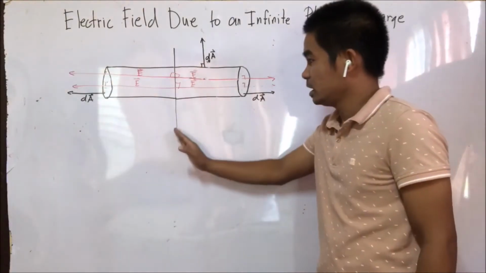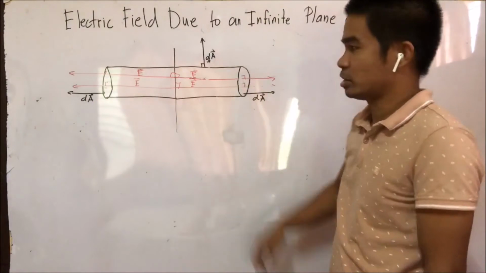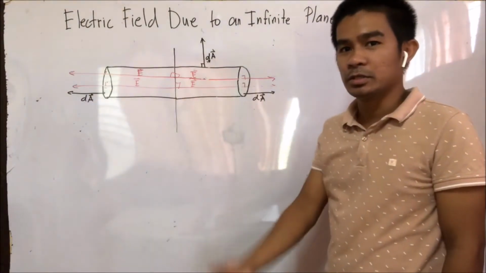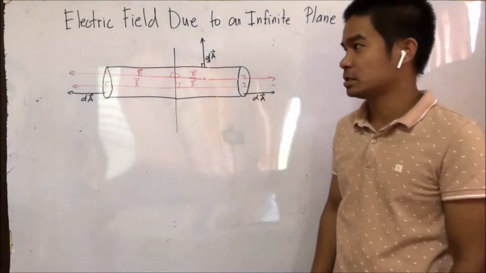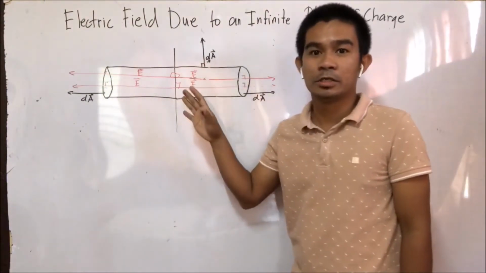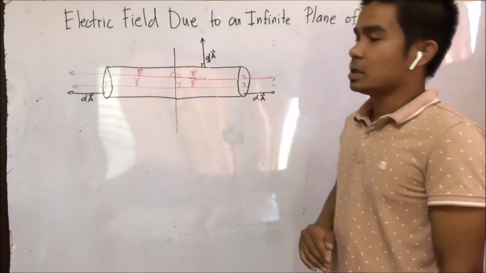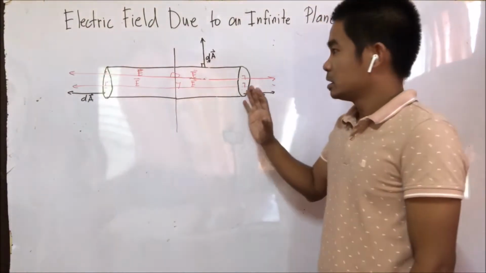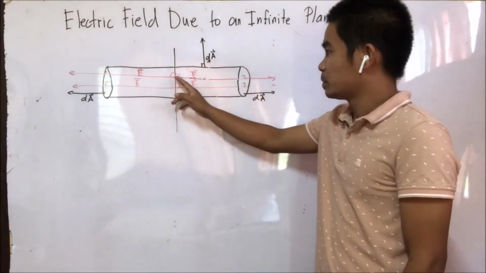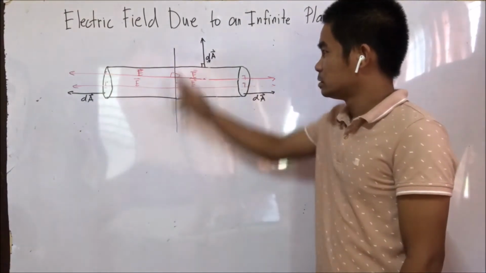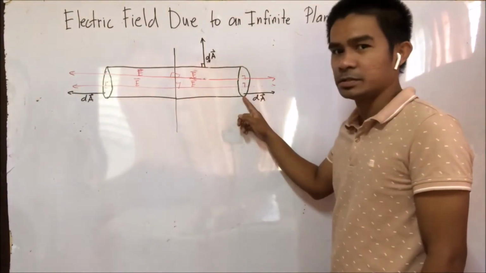This is the side view of the sheet of charge, and we're going to use the cylindrical symmetry as the Gaussian surface, since the charge is distributed uniformly on the plane of charge. Alright. The electric field is perpendicular to the plane of charge, as well as to the bases of the cylinder.